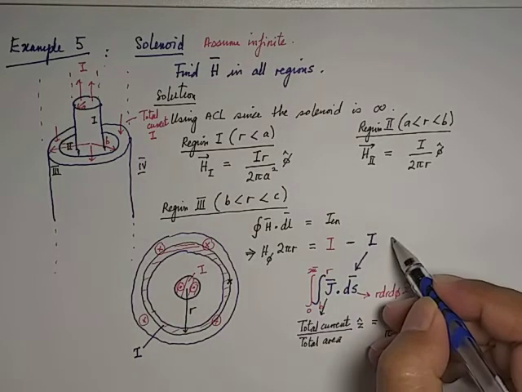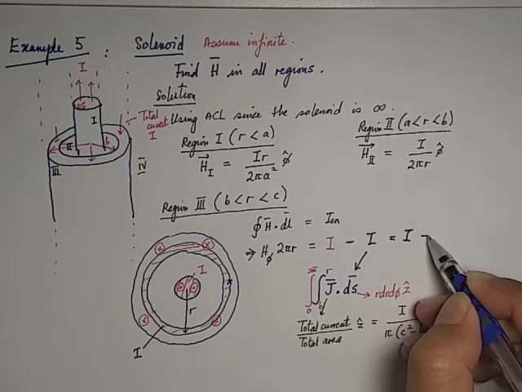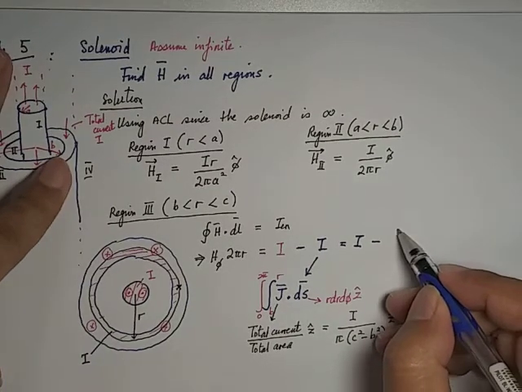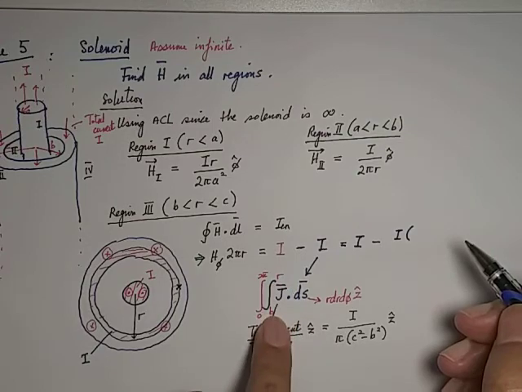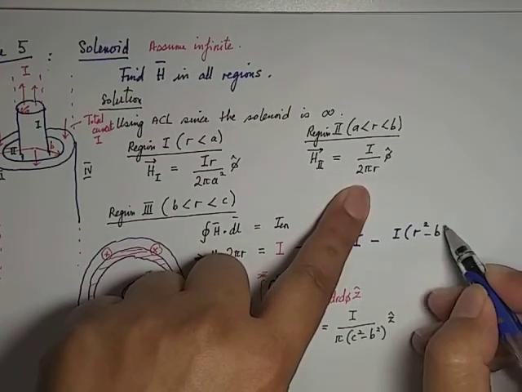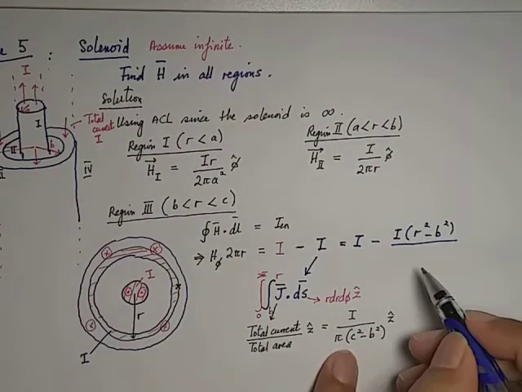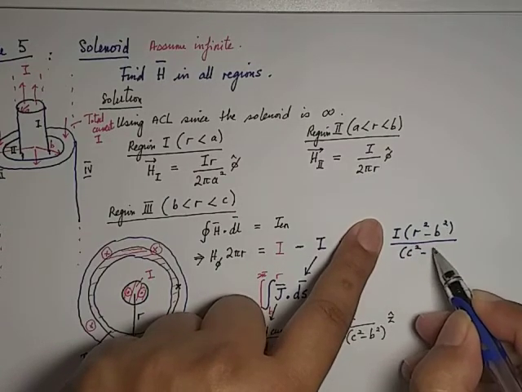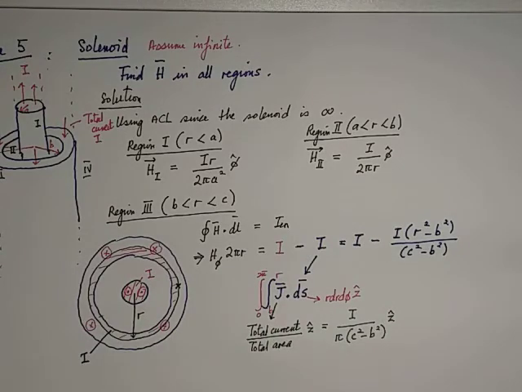So what we're going to have now should be I minus I bracket. Okay, so now R squared minus B squared, and then divide everything by C squared minus B squared. Okay, that should be the I enclosed.